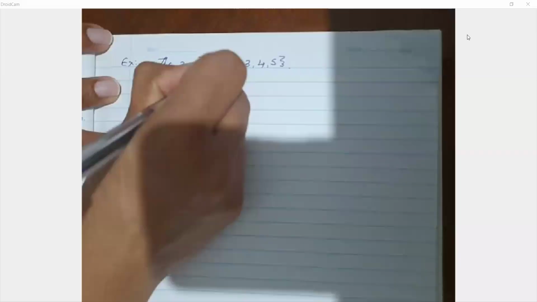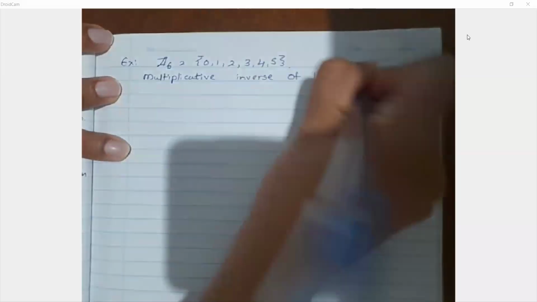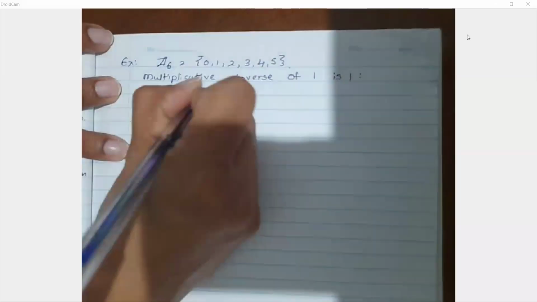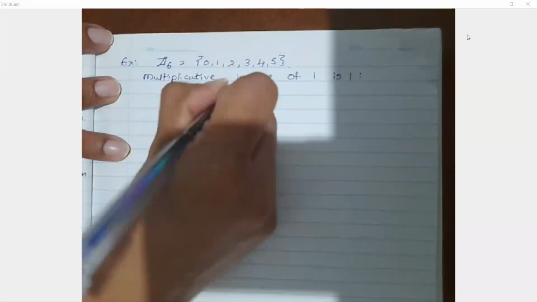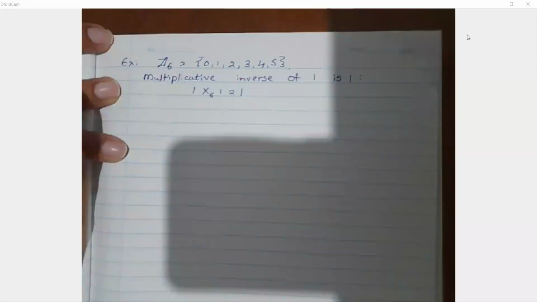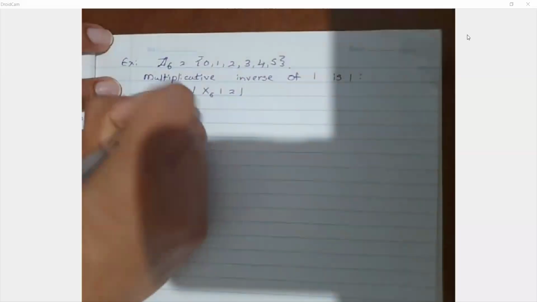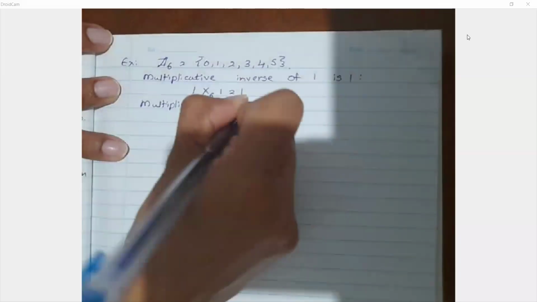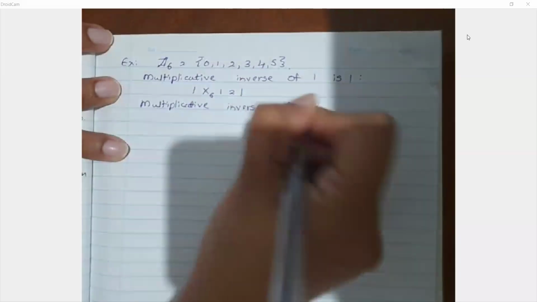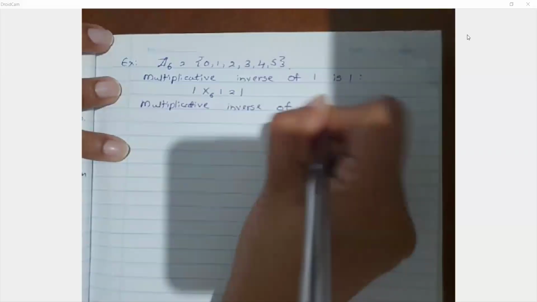The multiplicative inverse of 1 is 1. This is easy to see why. Multiplication modulo 6, 1 times 1 would simply be 1. And the multiplicative inverse of 5 is once again 5.